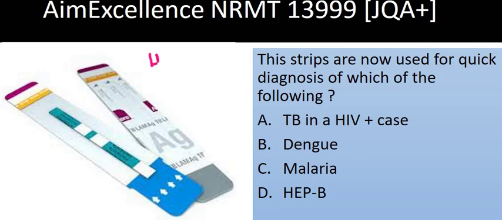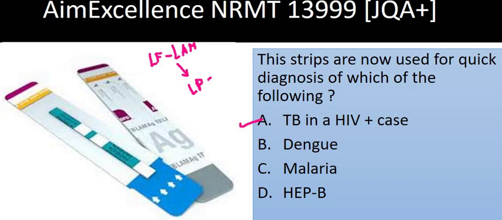This name is LF-LAM, lateral flow lipoarabinomannan test, which is a lipopolysaccharide which is present on the cell wall of tubercular bacteria. So we understand the answer of this particular question is TB in HIV positive cases.